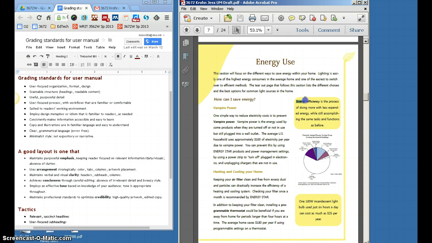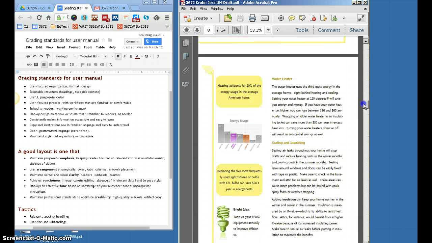Key ideas are reinforced and outlined in color, and that again contributes to emphasis. We scan down here: water heaters, ceiling and insulation. It's very clear that this piece maintains focus on aspects of the house that can be addressed in order to maintain sustainability.